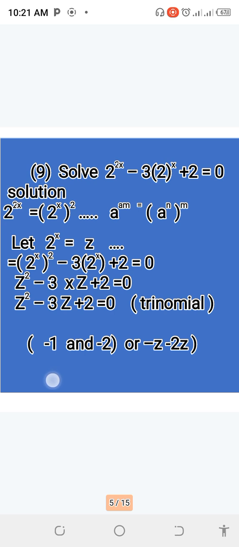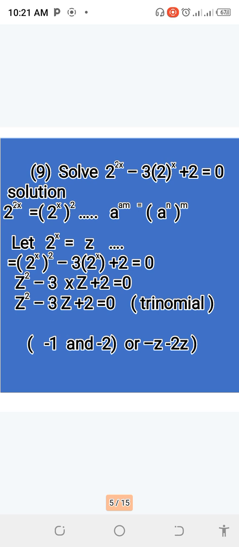Minus 1 minus 2 is equal to minus 3. That is the sum. And minus 1 times minus 2 is equal to plus 2, which is the product. So in this equation, plus 2 is the product, while minus 3 is the sum.